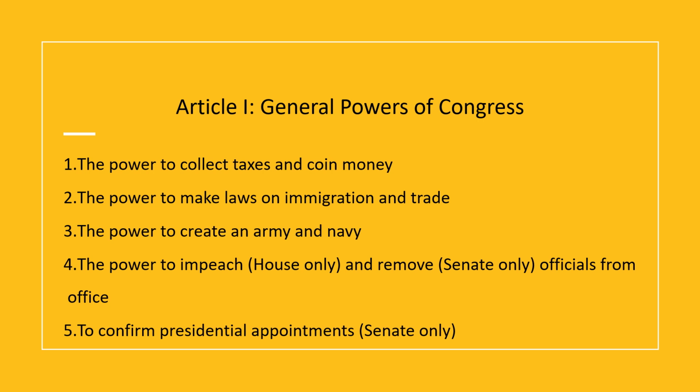Congress also has the power to make laws on immigration and to make laws on trade. So that means that it's up to Congress to develop and pass laws that relate to these two important issues that have foreign policy consequences.